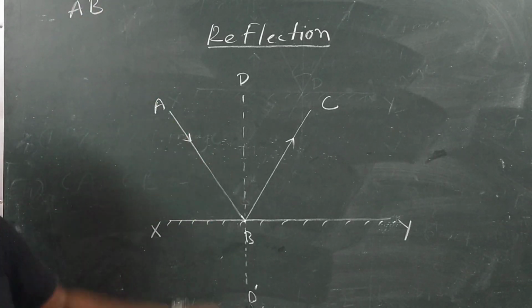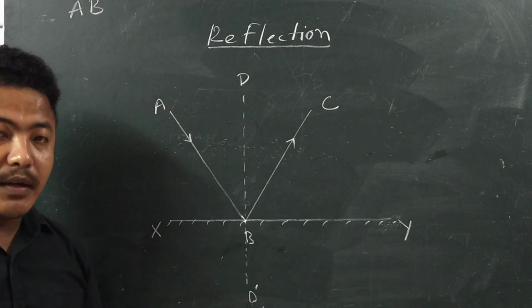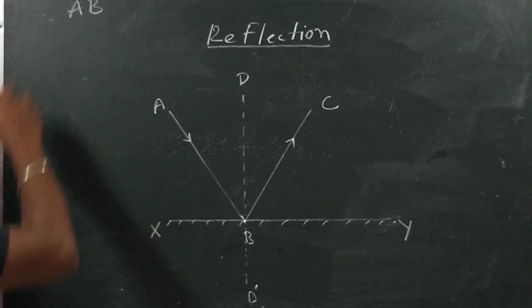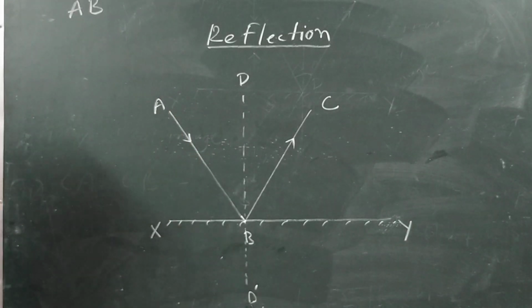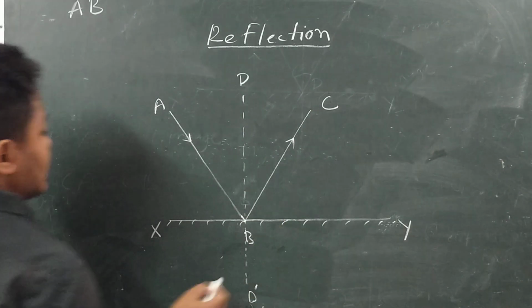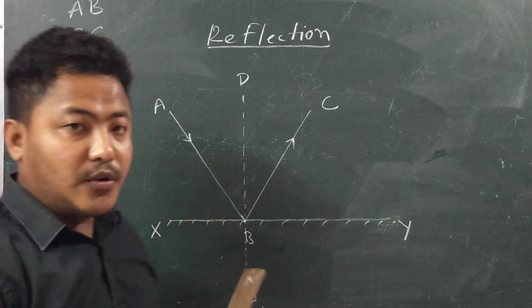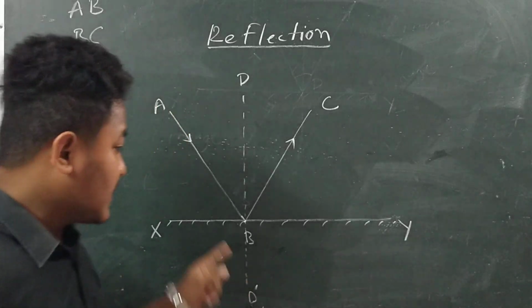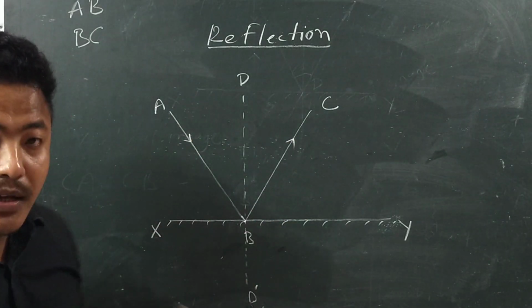This AB came from a source and struck a particular point on the reflecting surface, so AB will be known as the incident ray. Similarly, BC will be known as your reflected ray, as it bounces back to the same medium after striking the surface.